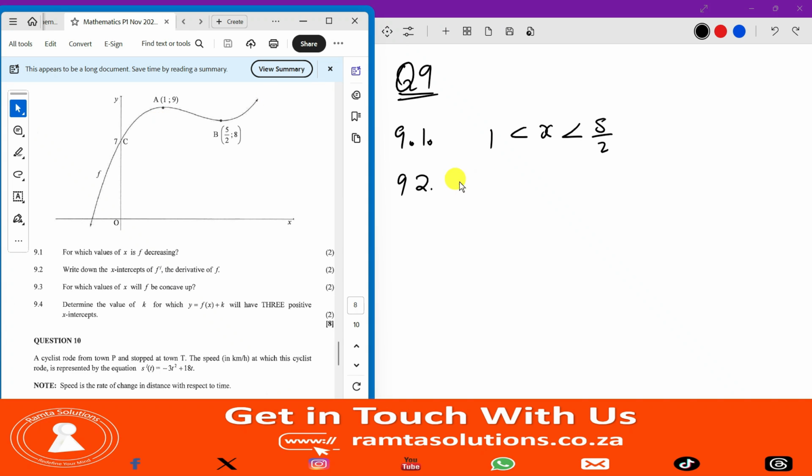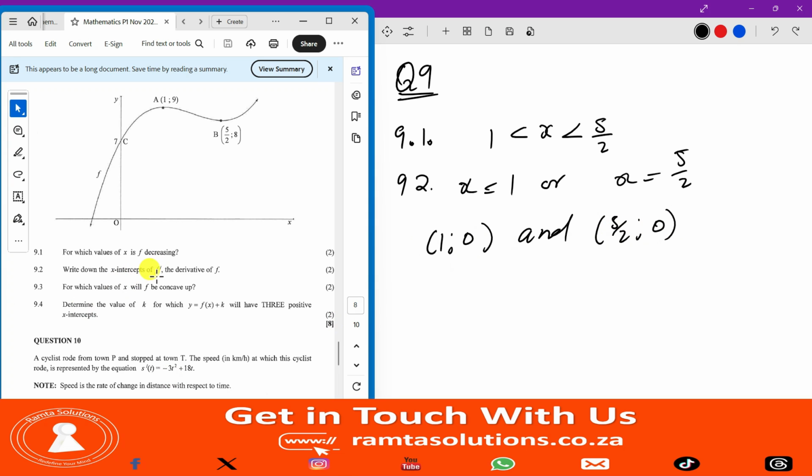So they are x equals 1 or x equals 5 over 2. If you like, you can say (1, 0) and (5 over 2, 0). These are the x-intercepts of the first derivative. This you know.